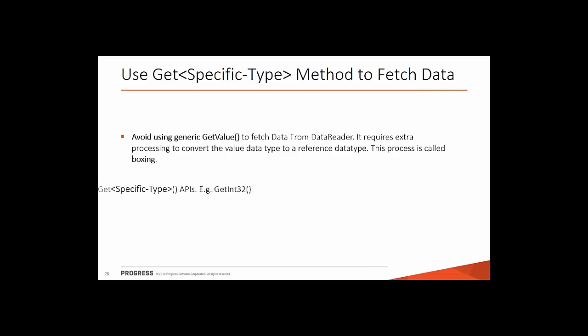To avoid the boxing, you can always use get specific type like GetInt32.